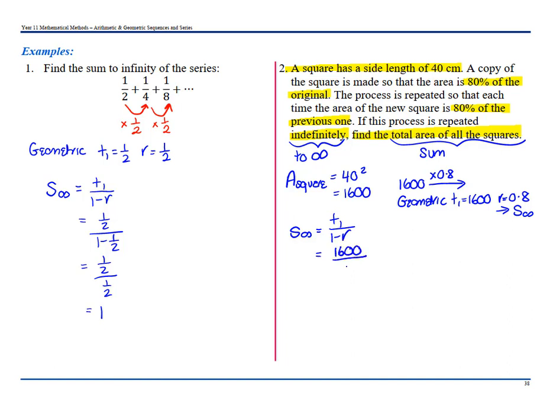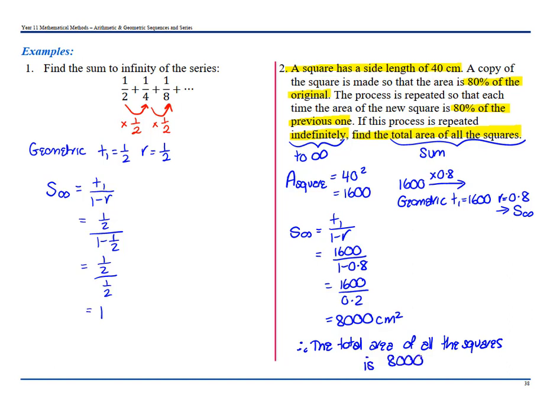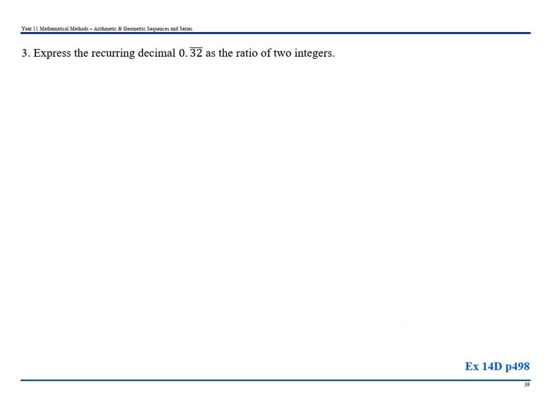So 1600 over 1 minus 0.8, which is 1600 divided by 0.2, which is 8,000 centimetres squared. So therefore, total area of the squares is 8,000 centimetres squared.